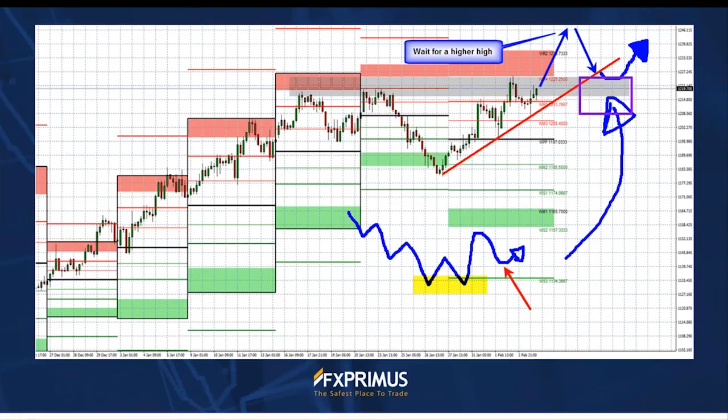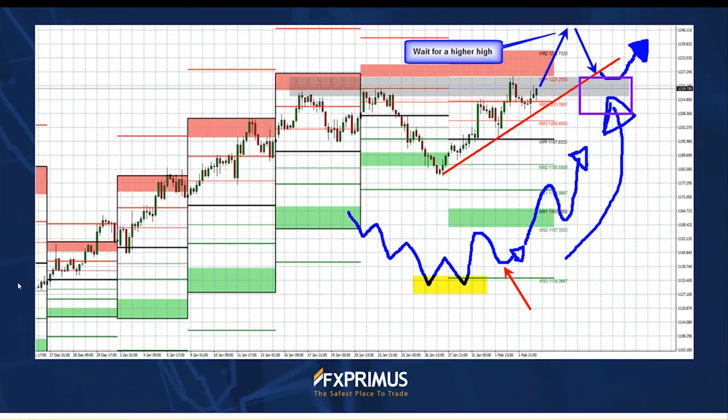You said you understand the long at support mantra. Okay, so that's this here, isn't it? Entering at support on the 4-hour chart. But how do we optimize this? Well, one way is to drop into the 5-minute chart and wait for a bullish price action pattern, like this double bottom. And the entry is there, because we've got a double bottom confirmed by that higher high, and we go long at the higher low.